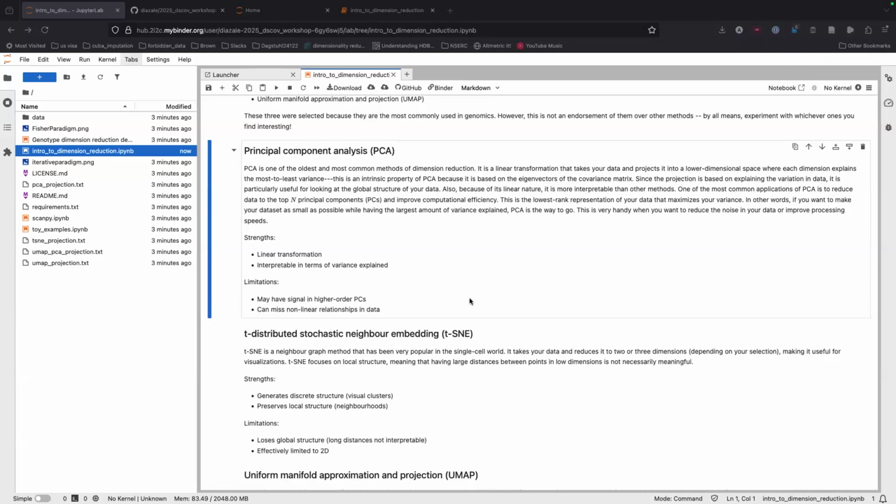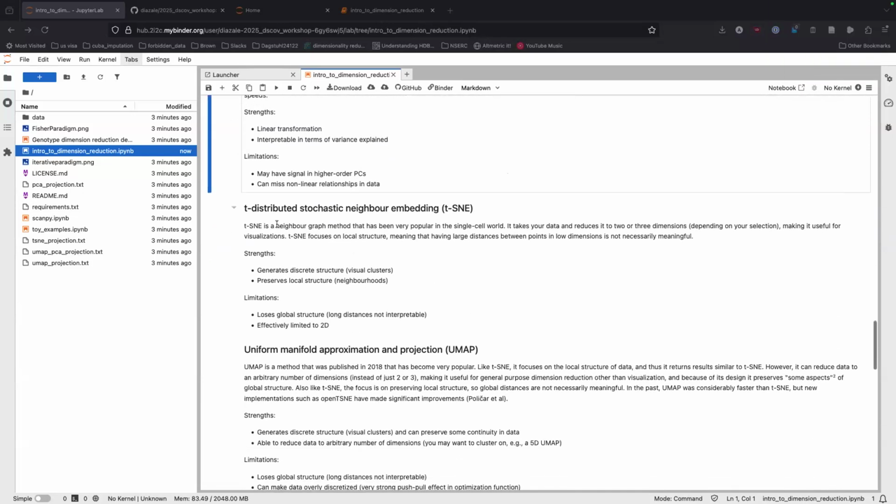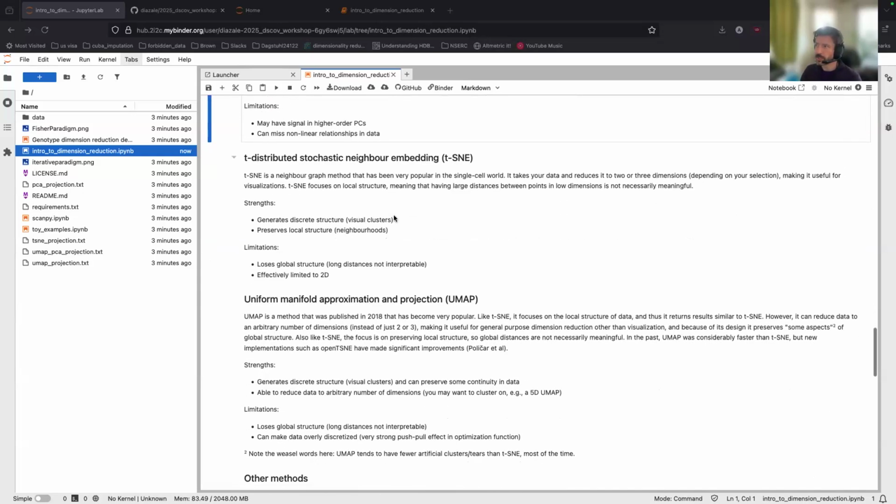Okay, thanks. t-SNE and UMAP, these are really common methods in single cell and genomics, but they've also just taken off in general. t-SNE is a neighborhood graph method, and the idea is that you model the high dimensional data and approximate the distance by a normal distribution, and you model the low dimensional data with a t-distributed probability.